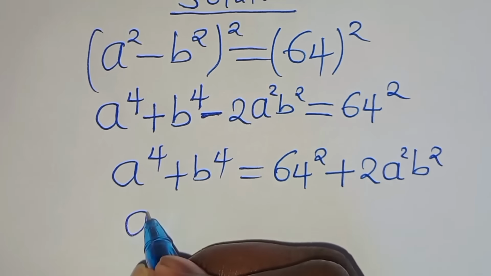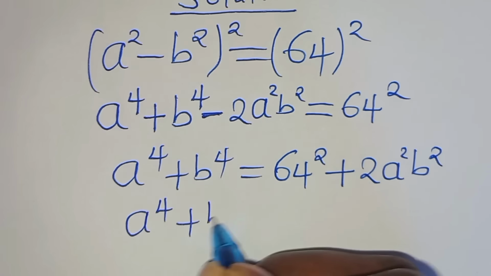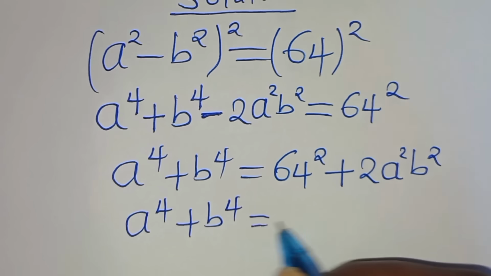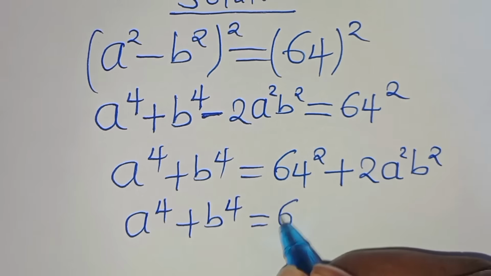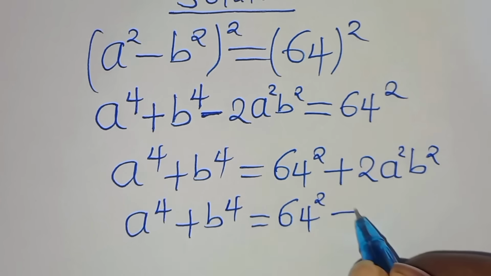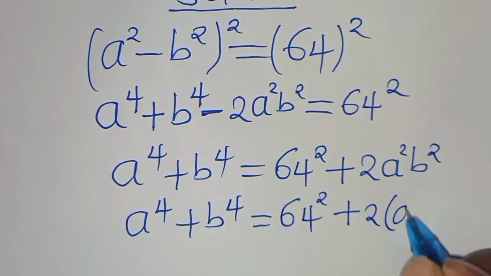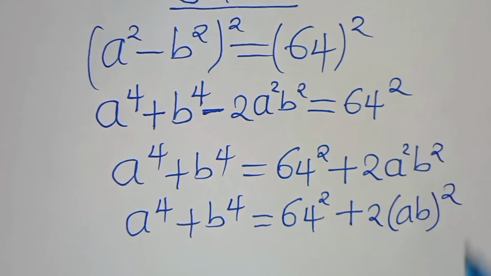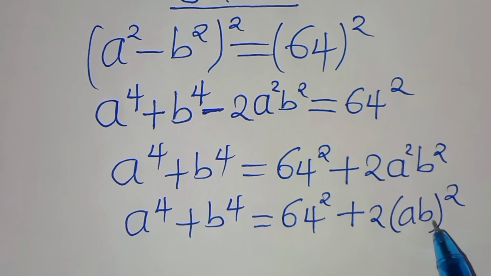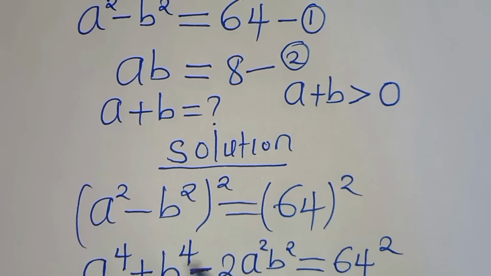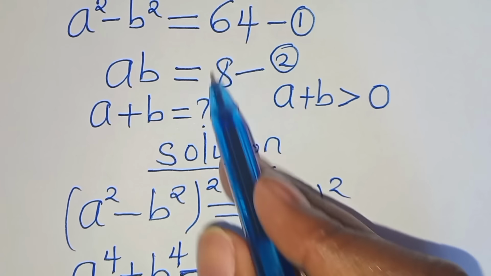We can express a squared b squared as (ab) squared. But we have a times b, which is what we have in equation 2.